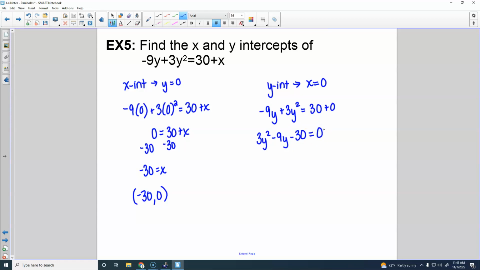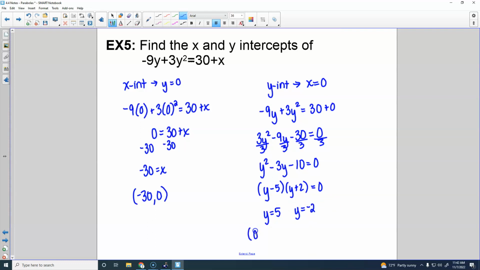So moving everything over there to the left side. We can make our lives a little bit easier if we divide off by that 3. I don't know if this one's going to factor. I don't think it is. Yeah, 5 and 2 will work. It will factor. y minus 5, y plus 2 equals 0. So we get y equals 5 and y equals negative 2.